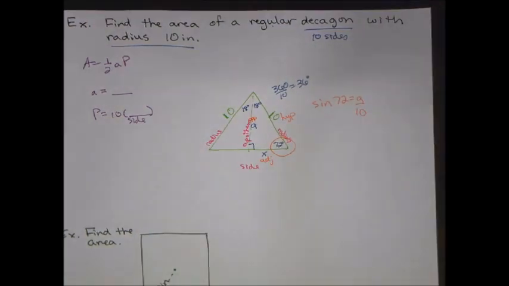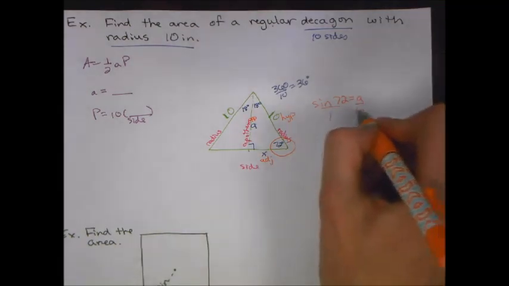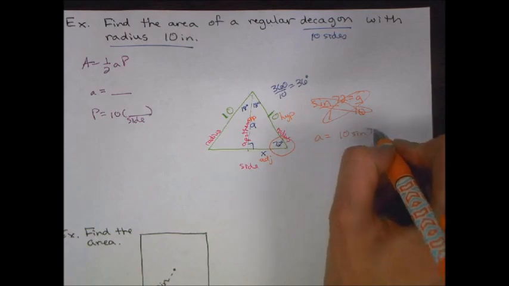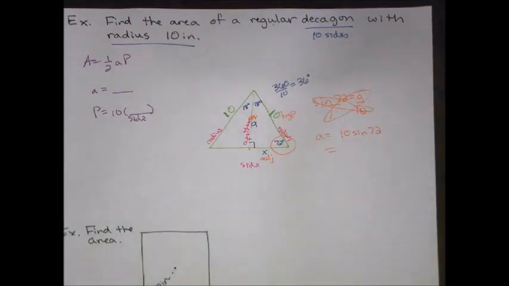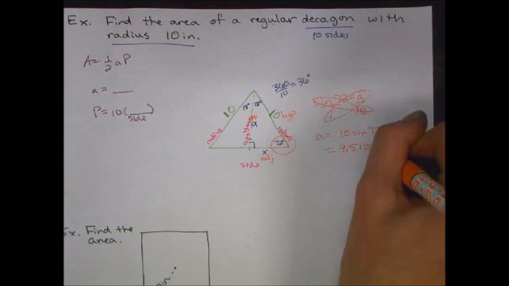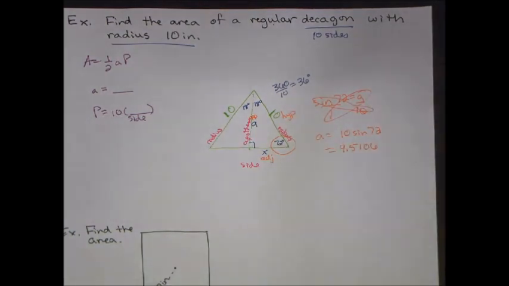Let's go ahead and solve that. Put this over 1, cross multiply, a equals 10 sine 72. I get 9.5106. In the middle of a problem, we're going to round to 4 decimals.